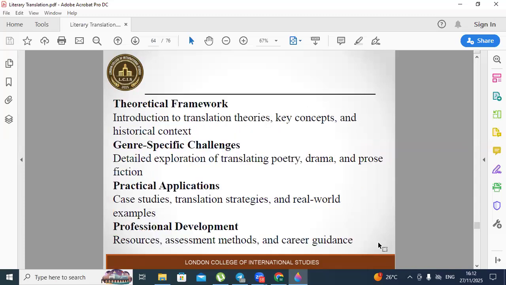Professional development, resources, assessment methods, and career guidance that support your professional development beyond this course. Learning translation doesn't end with coursework, it's lifelong professional development.